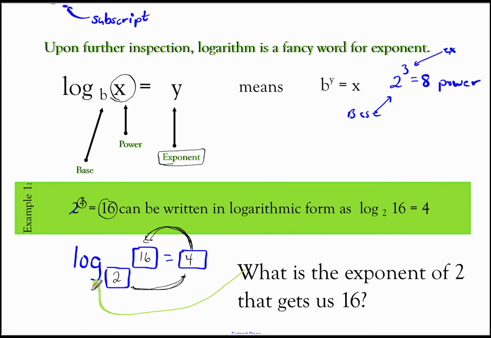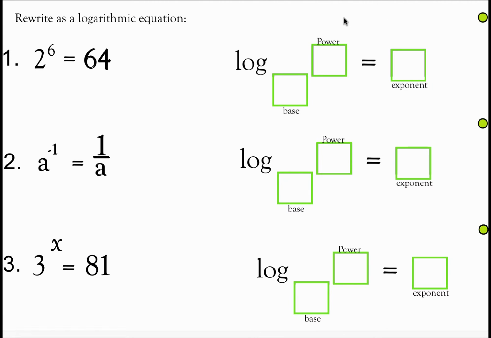So instead of saying, what is the exponent of 2 that gets us 16? Well, the exponent is 4. We replace this entire phrase with the word log. The exponent of 2 gets us 16 is 4. Okay, so let's get in some practice of how to rewrite exponents in logarithmic form.